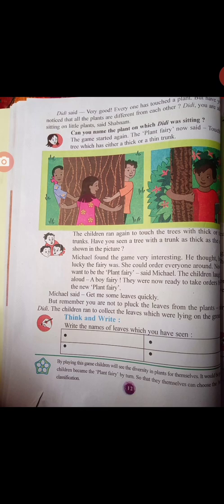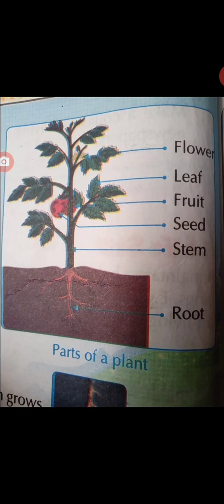It holds the plant upright and carries water and minerals from the root to all the parts of the plant. The stem bears leaves, buds, flowers and fruits. Stems of certain plants store food. We eat these stems, for example, potato and ginger.